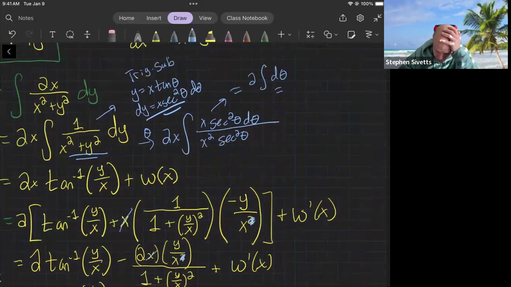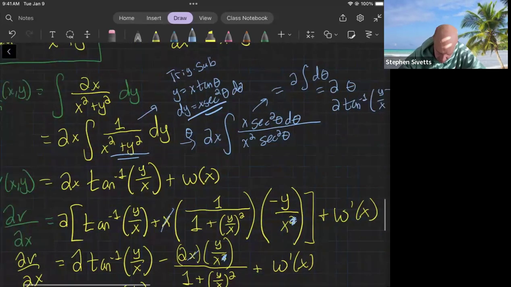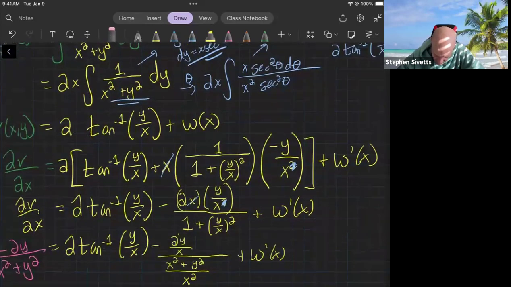The x's cancel. So I have 2 theta. Theta is that guy. So 2 times inverse tangent of y over x. Okay, so this should be a 2 times inverse tangent.